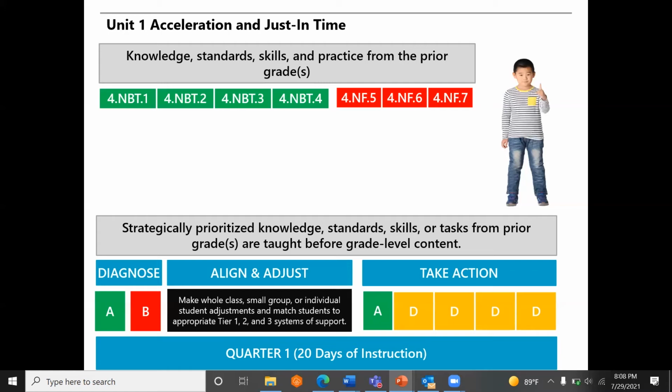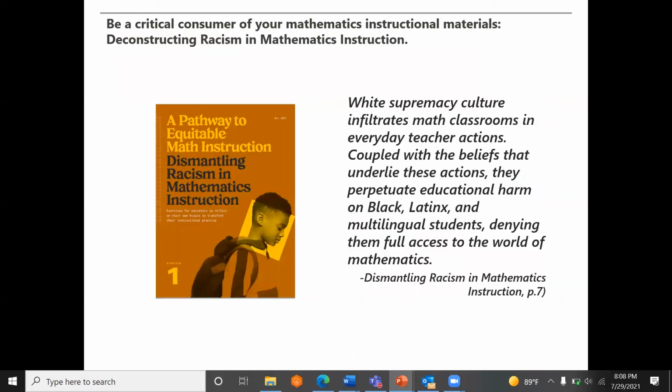And finally, the teacher then will be able to take action and support the students at the actual grade level and provide grade level support while still providing those just-in-time instructional scaffolds that focus on some of the prerequisite skills. And here we noticed that in gold, we saw the grade level skills and the teacher took action only on those MBT standards because that was based on the data, that was the only thing that was needed in the first 20 days.